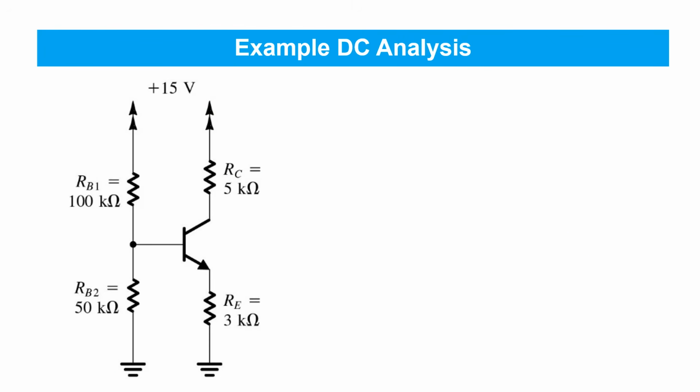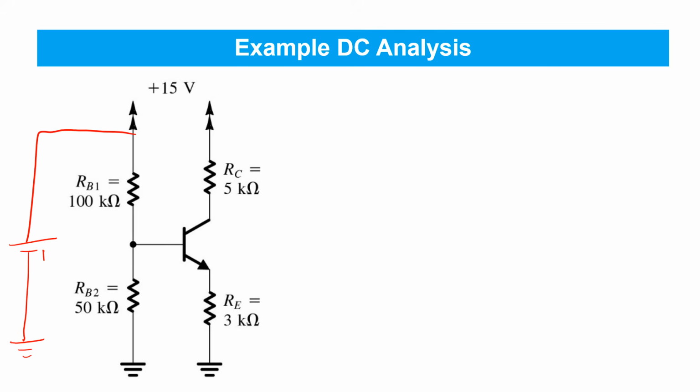Let's do a second example here that involves a couple of new tricks. So here again, you've got a 15-volt source connected to the base, but now we've got these two resistors deriving the base voltage.